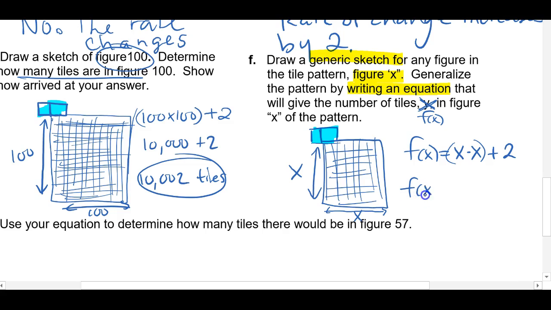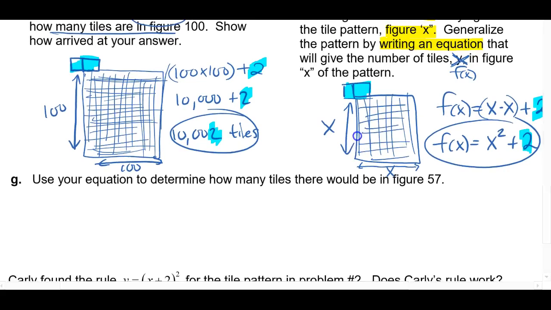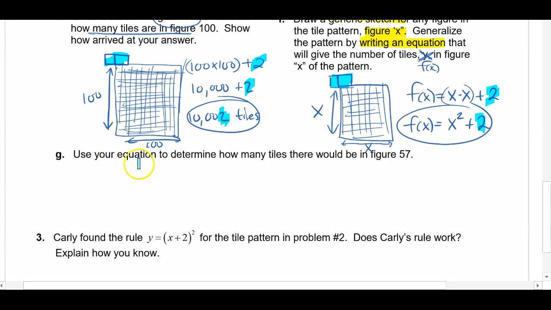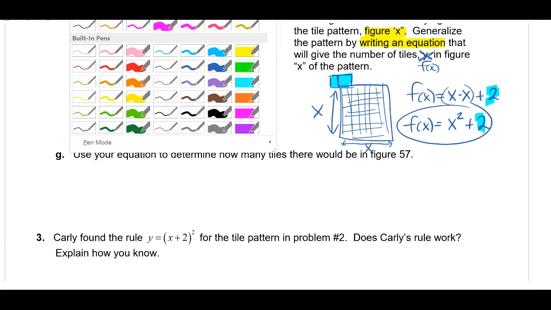And then we can simplify this, because x times x is x squared. And there's our equation. And if you notice, that 2 never went away. That 2 is always there. So don't forget about it. Okay? So now, the question is, use this equation to determine how many tiles there would be in figure 57.